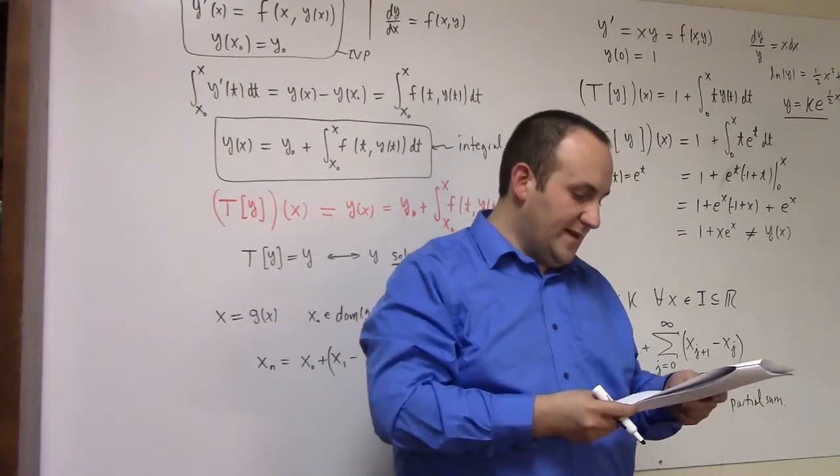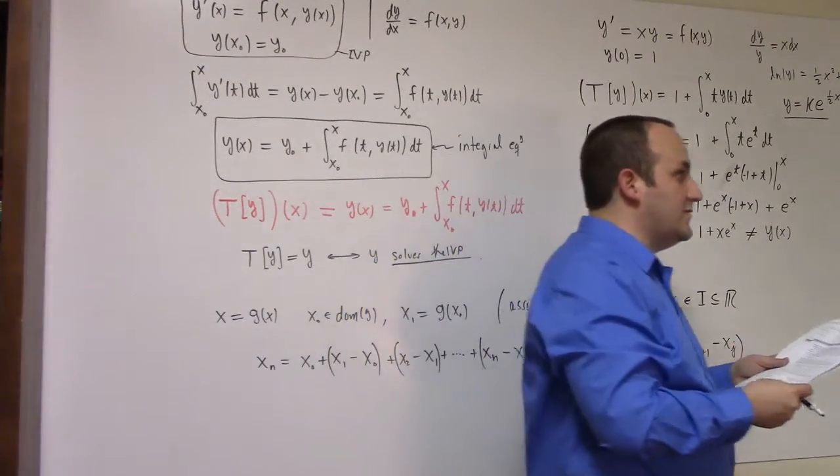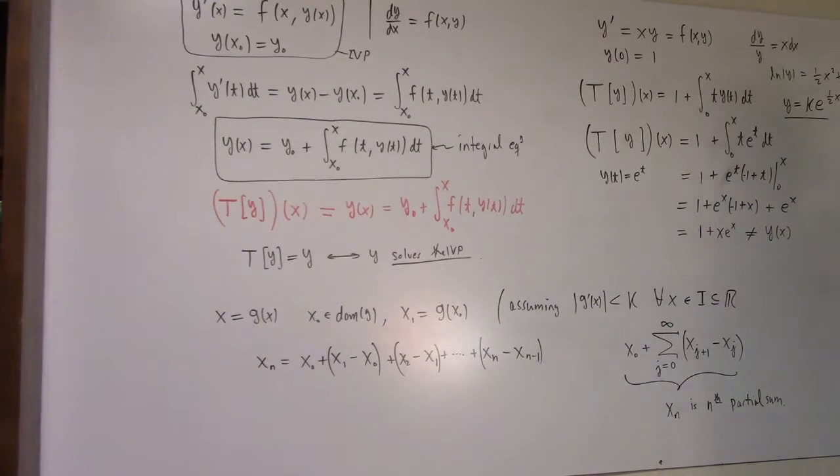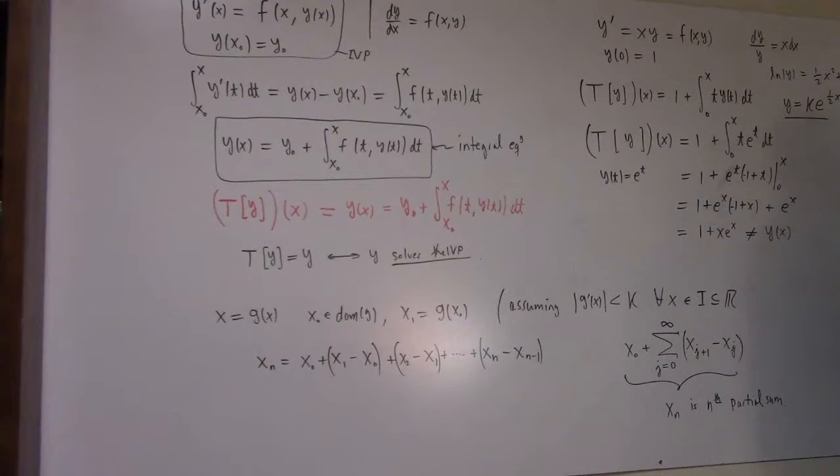And you can show that in fact it is a norm, right? It has the usual properties of a norm. If the norm of y minus z is equal to 0, that tells you that y is equal to z, and that's if and only if. And the length of cy is equal to the absolute value of c times the length of y, that makes sense. And it's got the triangle inequality.